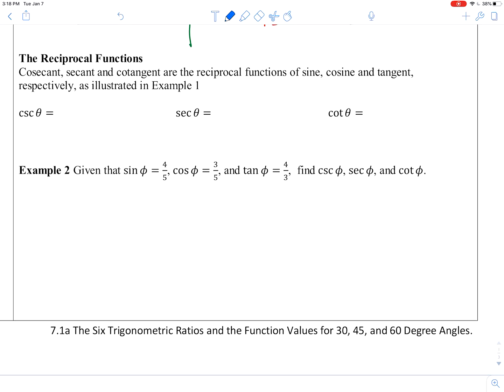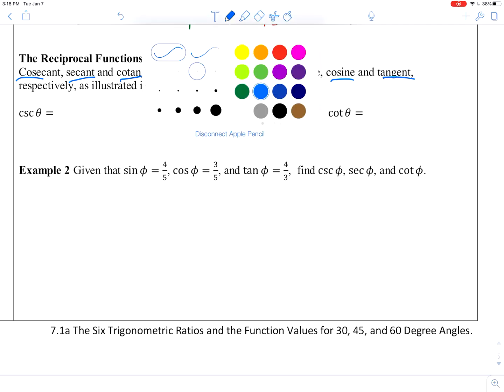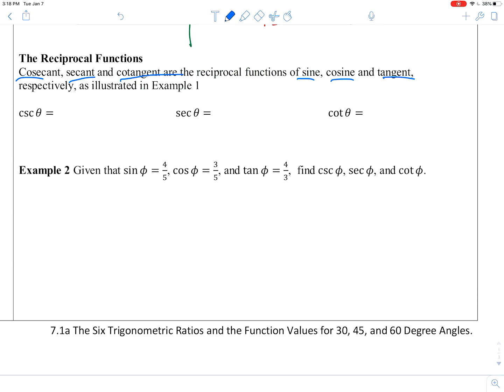Okay, so the reciprocal functions, we've already talked about them. Here you can see that I've spelled out the words for cosecant, secant, and cotangent. They are the reciprocal functions of sine, cosine, and tangent, respectively. So cosecant goes with sine, secant goes with cosine, and cotangent goes with tangent, as illustrated already. But since your calculator doesn't have a cosecant button, you do have to do a little manipulation.